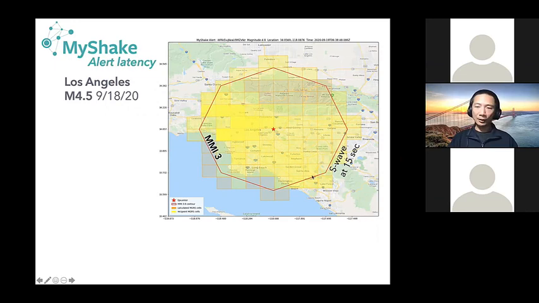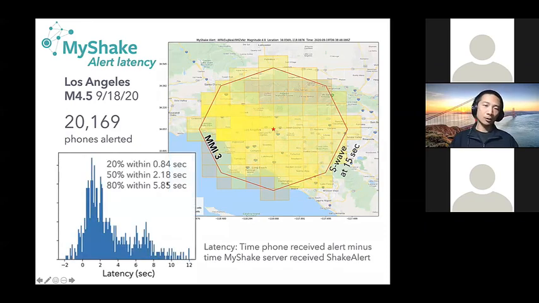You can see the S wave arrived at this circle in about 15 seconds, and we sent out the early warning messages to 20,000 smartphones in this region, and about 50% of them got the warning within 2 seconds in terms of latency.